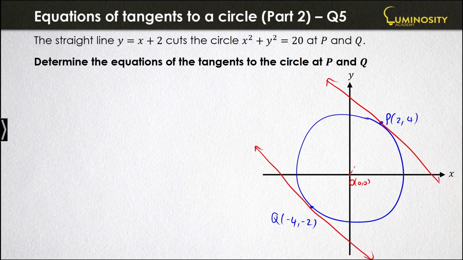That's the center. So what is the gradient of this straight line OP? Well, it is going 2 units across, 4 units up. So the gradient of the radius is going to be 4 over 2, which is just 2. This implies that the gradient of the tangent lines are going to be negative 1/2, because when you take the product, it gives you negative 1.